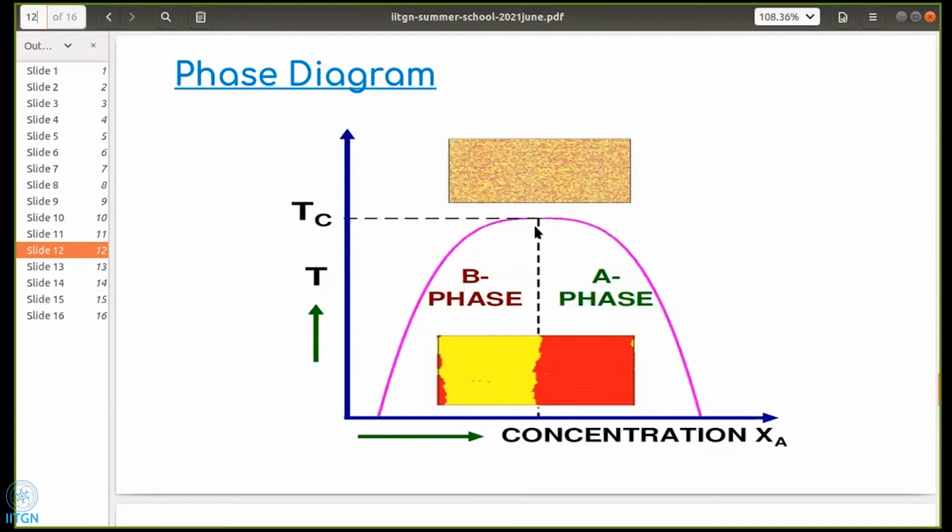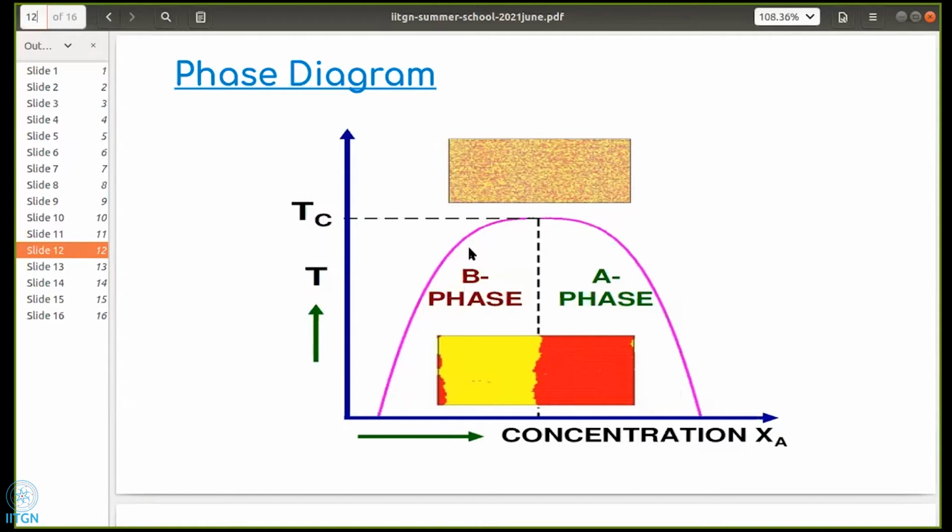Okay. So let's have a look at this picture here. This pink curved line here corresponds to the coexistence curve, along which the A and B phases can coexist with each other. And this TC here corresponds to the critical temperature, which I explained to you earlier in the pressure temperature diagram.